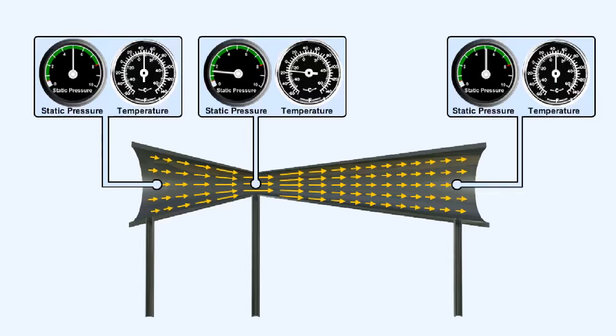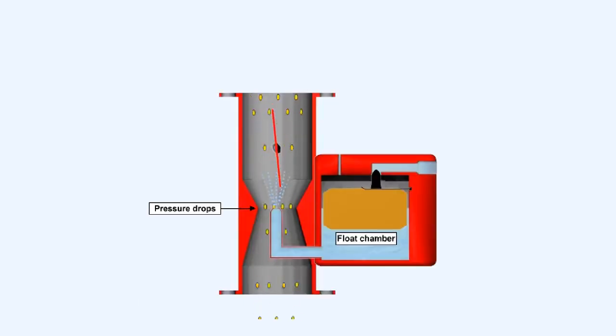As the air passes through the restriction of the venturi, its velocity increases, causing a drop in pressure and temperature. The pressure drop at the throat of the venturi is proportional to the mass airflow. It's this pressure drop which is used to make the fuel flow from the float chamber by placing one leg of the U-tube in the venturi.